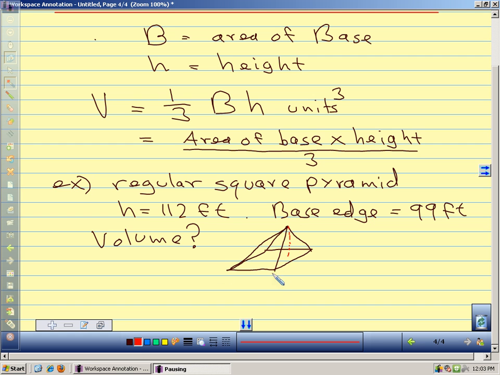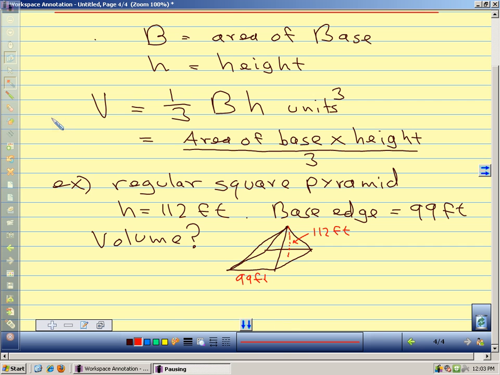It's not a perfect drawing, but we get the idea. That's 112 feet. And the base edge is 99 feet. So that's what our pyramid looks like, except since it's regular, my height should go to the center of the pyramid. Just because my drawing is not great.